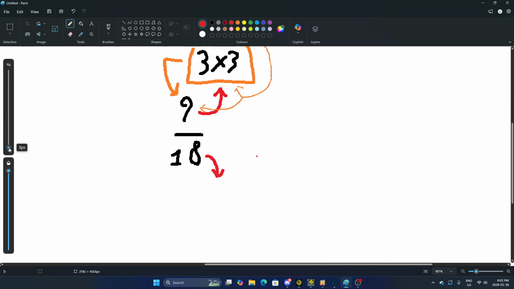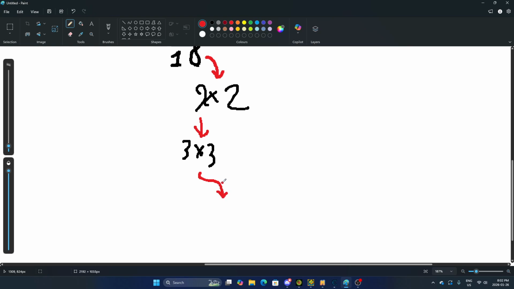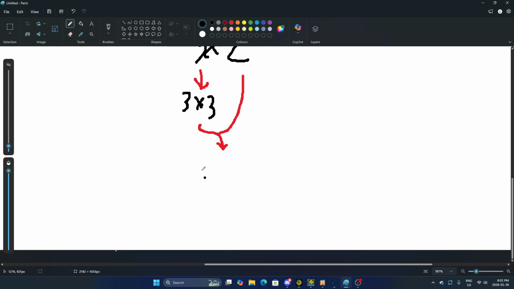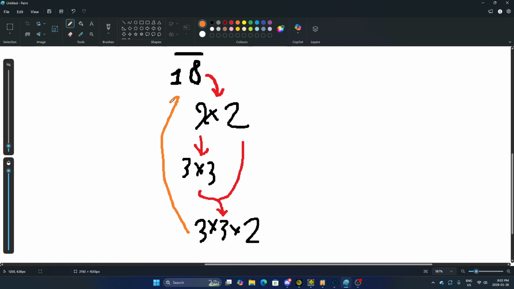And 18 can be factored into 9 times 2. 9 can be prime factored into 3 times 3. So now we just bring all of this down to make 3 times 3 times 2 for 18 as its prime factors.